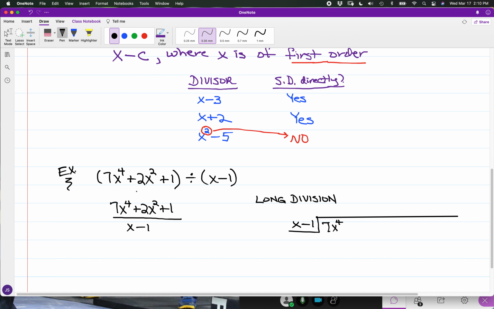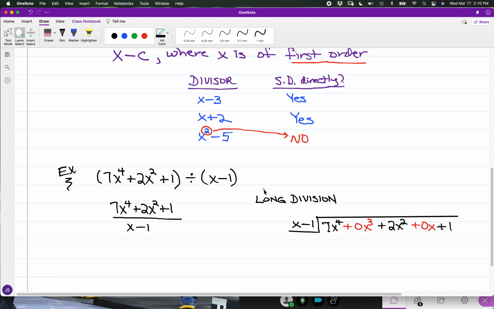Notice we are missing a third order term, so I'm going to use a 0 placeholder: 7x to the fourth plus 0x cubed, plus 2x squared. Notice we are missing a first order x term, so I'm going to use another 0 as a placeholder, and the dividend closes out with a constant.